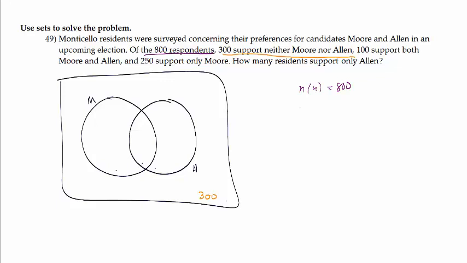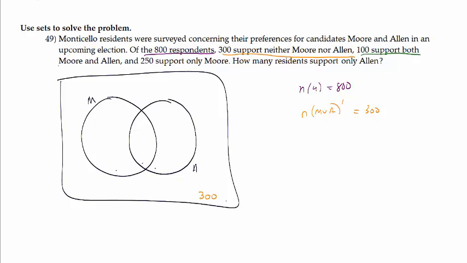If you wanted to represent that with set notation, the number of elements in not A or B, or in this case, I should use Moore and Allen. Let me go ahead and change that to Moore and Allen. So neither Moore or Allen, that has to be 300.